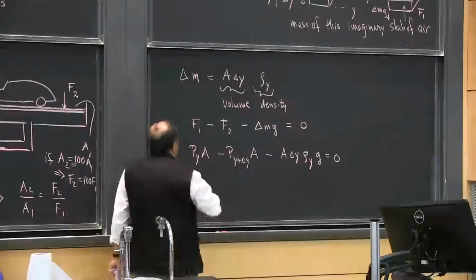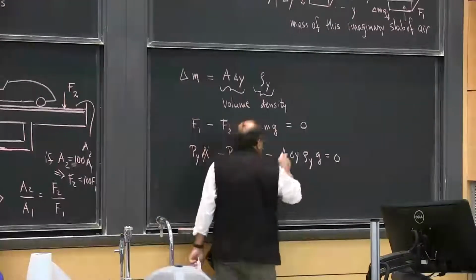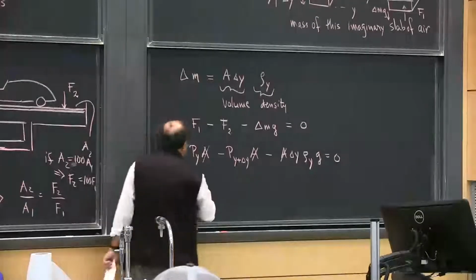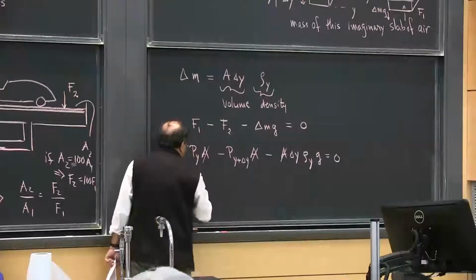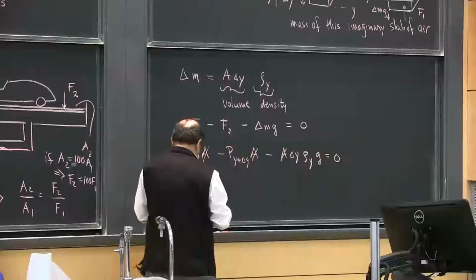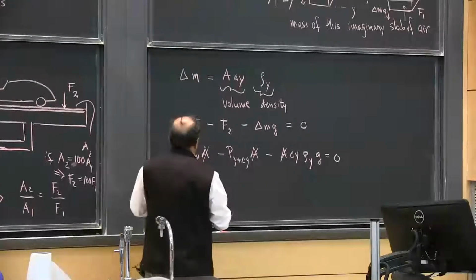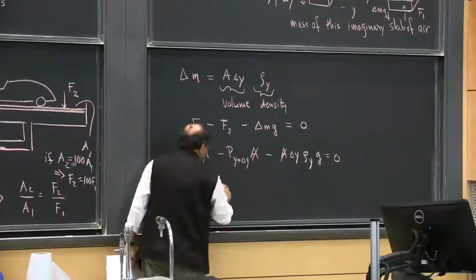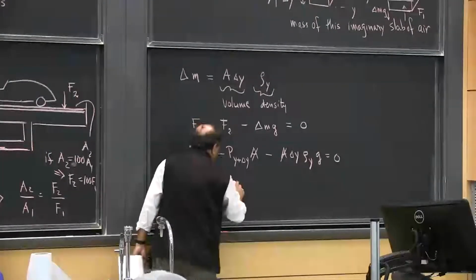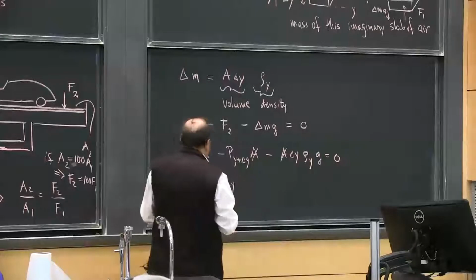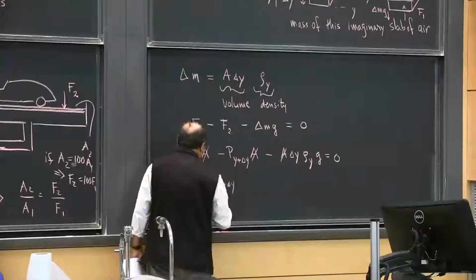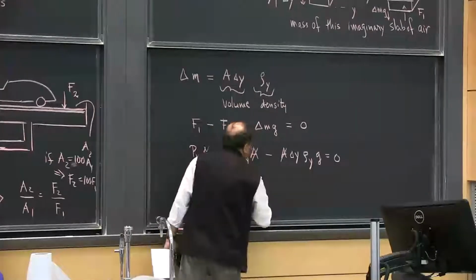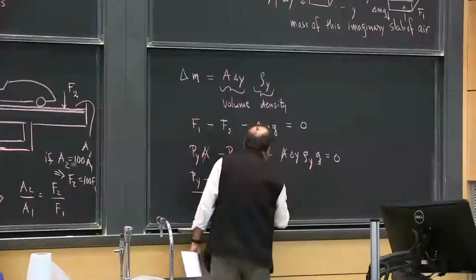Which is very nice, because I can cancel out the cross-sectional area A, since that is no longer important. So I would have P y minus P y plus delta y, divided by delta y, must be equal to rho y times g.